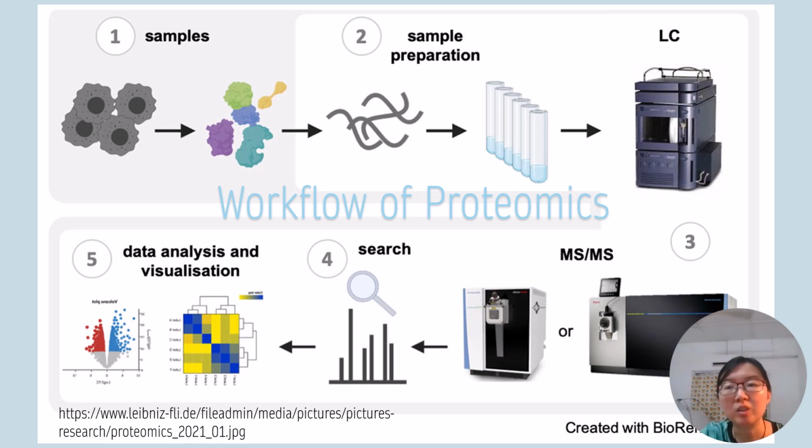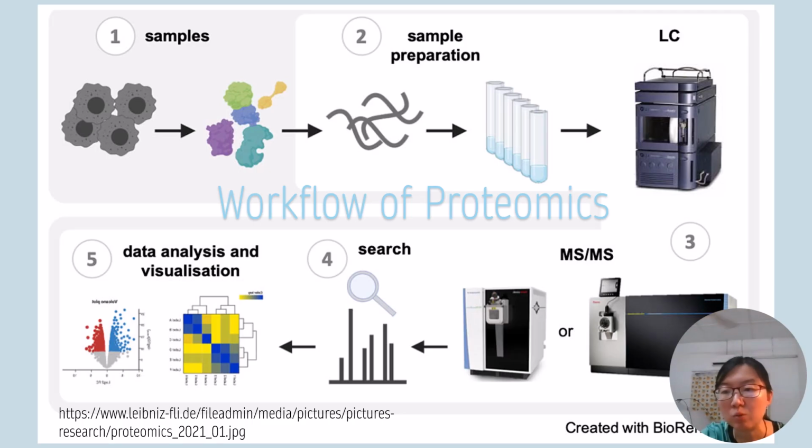This picture shows the common workflow of proteomics analysis, which begins with sample collection, which can be blood, urine, or bodily fluid, followed by protein isolation, whereby protein samples are extracted and loaded into gel-based or chromatography-based approaches. Then the sample will be further analyzed using a mass spectrometer.